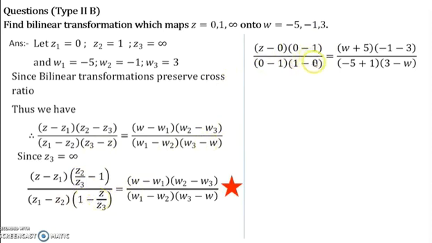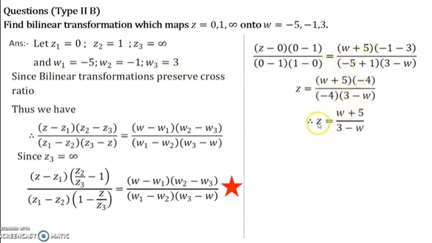1 in that term. In the denominator also 1 minus 0. In the w terms I substitute the given points: w1, w2, w3 equal to minus 5, minus 1, 3, and get the right hand side value. After simplification we get z equal to (w plus 5) by (3 minus w).